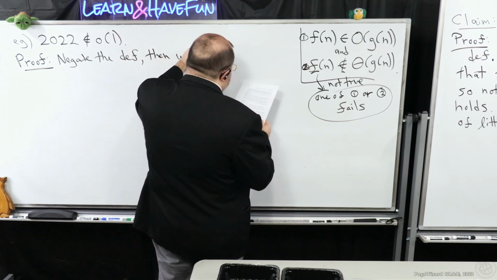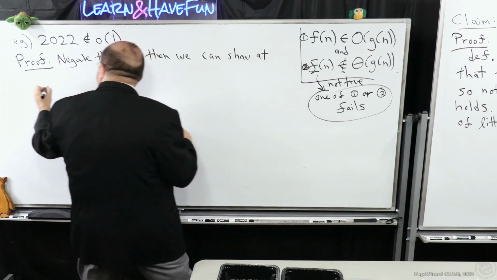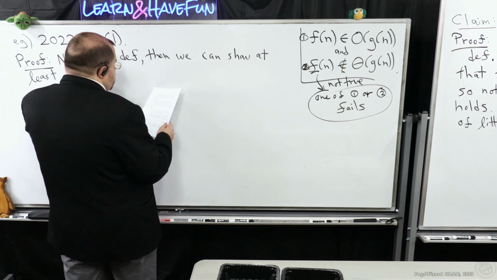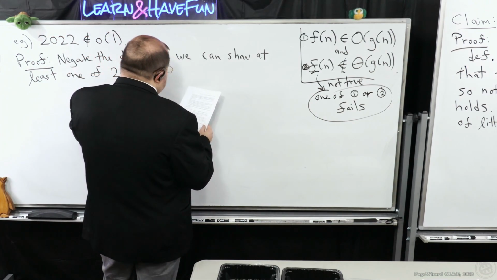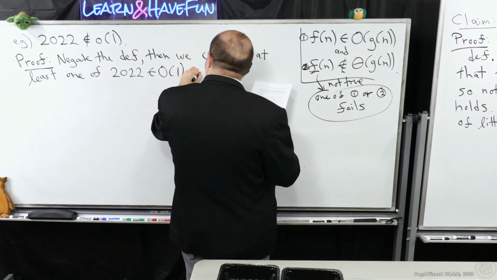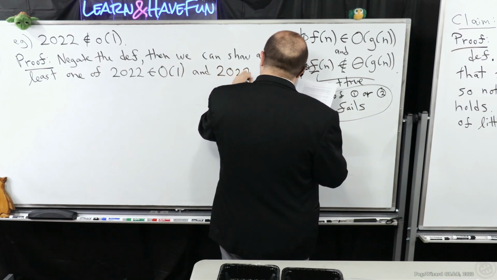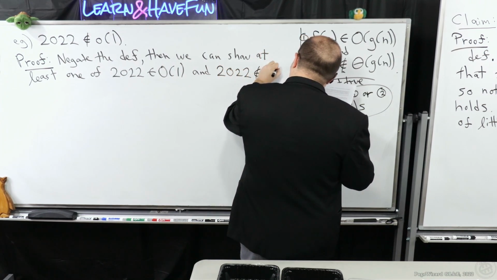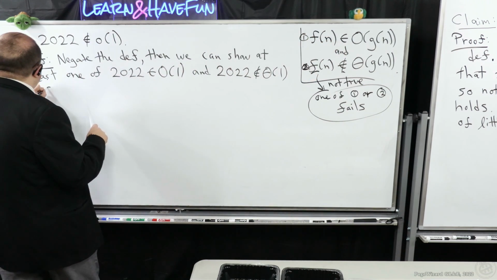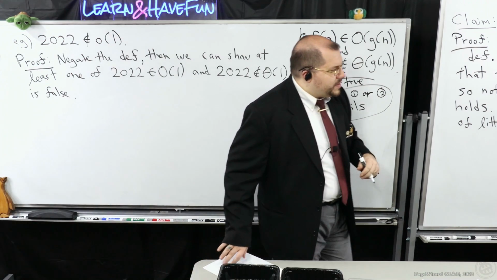Then we can show at least one of: 2022 is big O of 1, and 2022 is not big theta of 1 is false. Remember, that's our game plan.